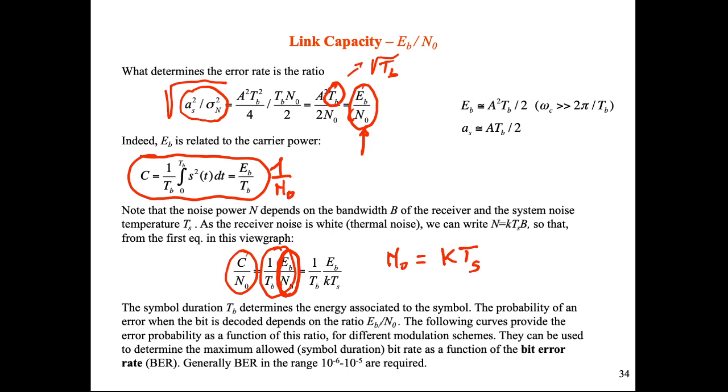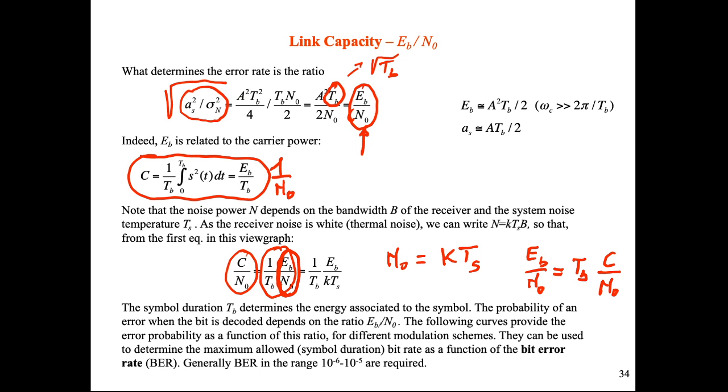So if we want a given Eb over N0 such that the bit error rate is between 10 to the minus 6 or 10 to the minus 5, we need a given carrier power. So we need that the carrier over noise power multiplied by t bit must be equal to the value that we have set, 10 dB, let us say.